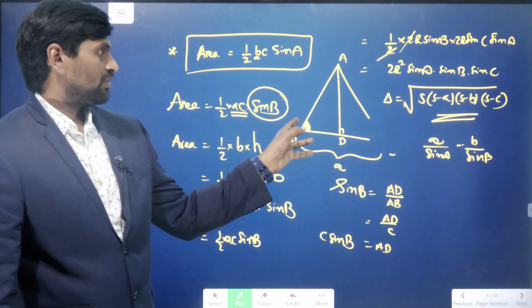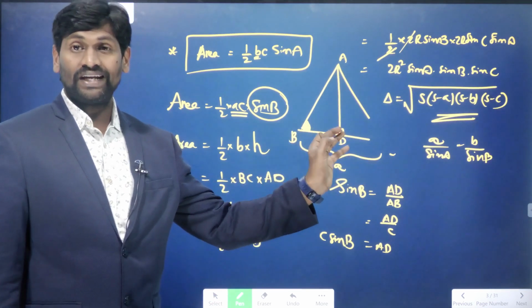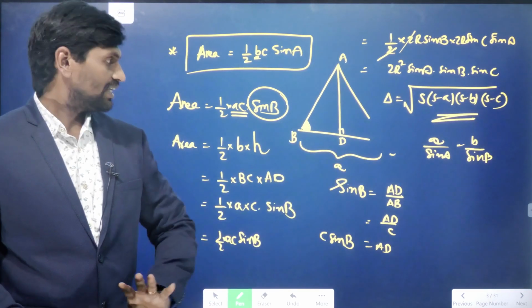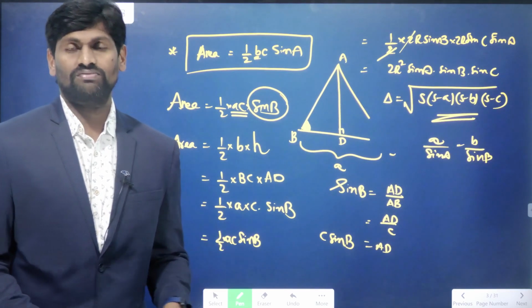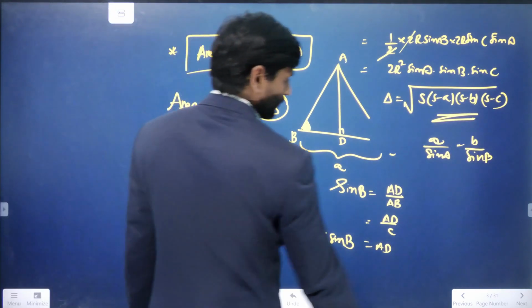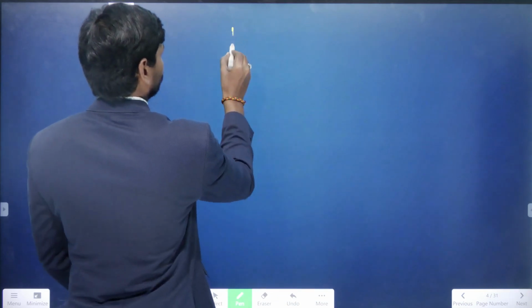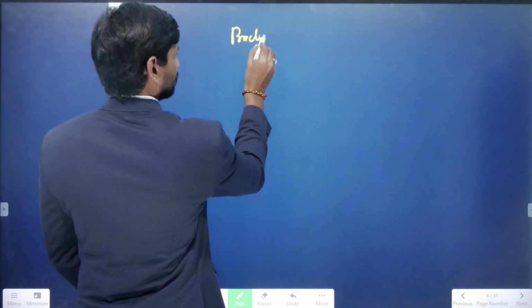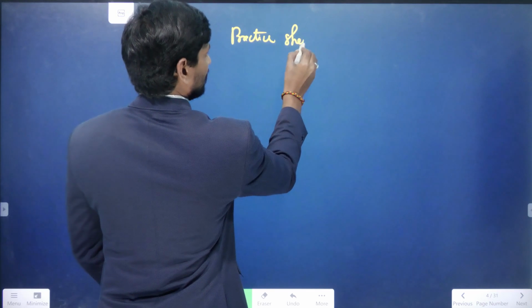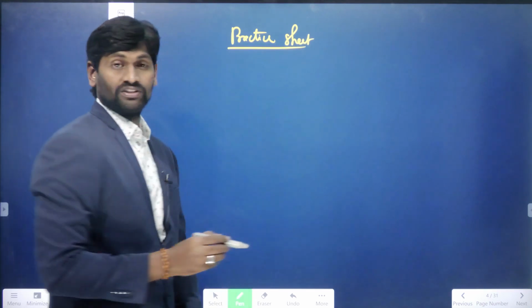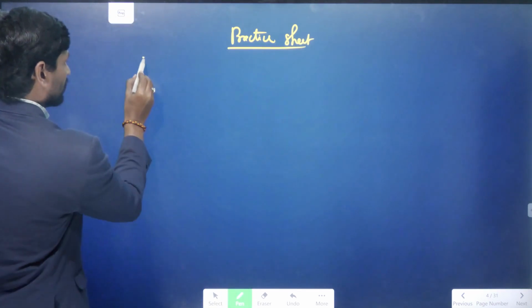This is the formula you already learned in your state syllabus. Let us stop the discussion about the formulas and go to the problems. So first practice sheet. Let us try to apply these formulas by solving these questions.